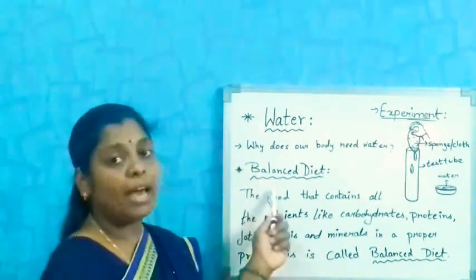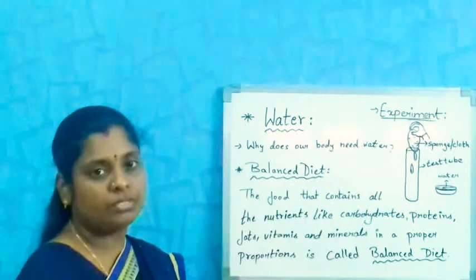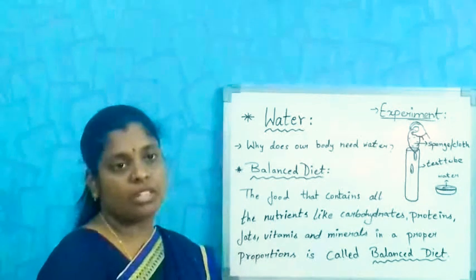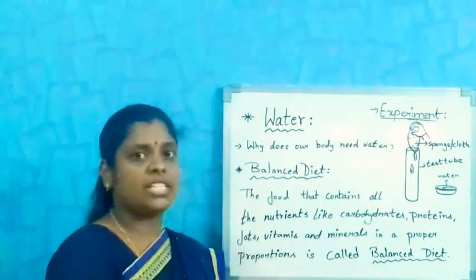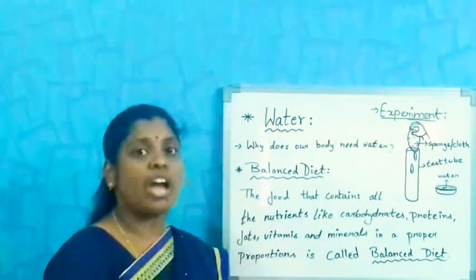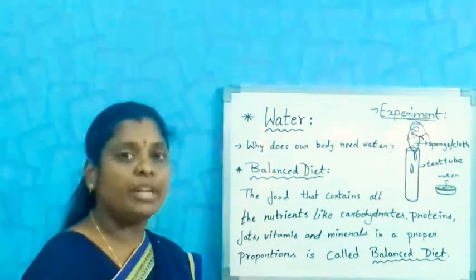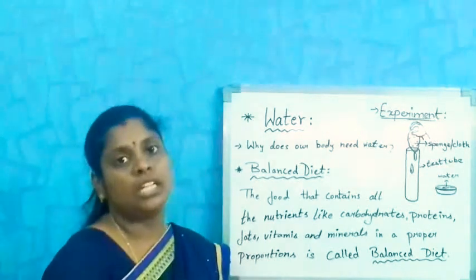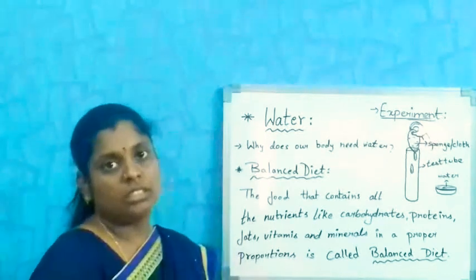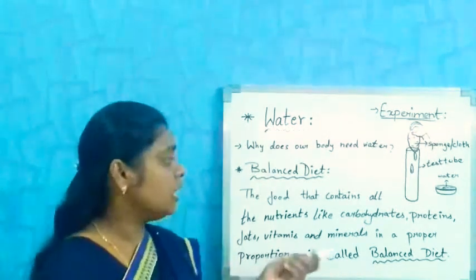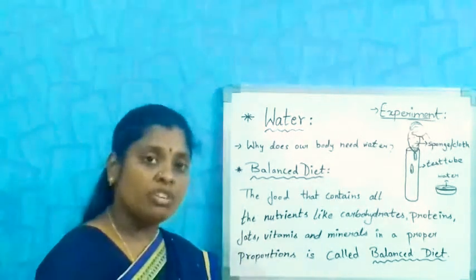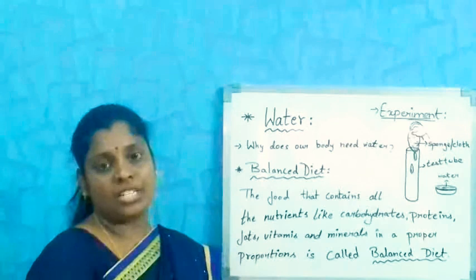Next, balanced diet. What is a balanced diet? The food that contains all the nutrients like carbohydrates, fats, proteins, vitamins and minerals in equal proportions is called a balanced diet. How should we make our diet balanced?